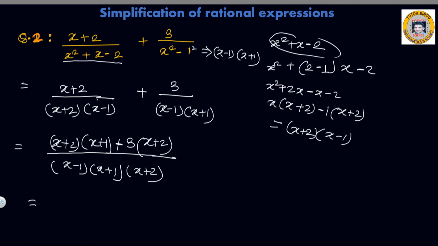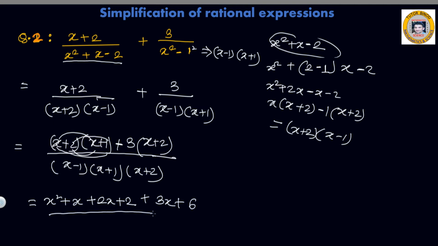If you want to simplify it further, x times x is x square, x times 1 is x, so x square plus x. Now I have to do the same thing with 2. 2 times x is 2x, and 2 times 1 is 2, so plus 2x plus 2. Similarly, the second one will give us 3x plus 3 times 2 is 6, over x minus 1, x plus 1, x plus 2.